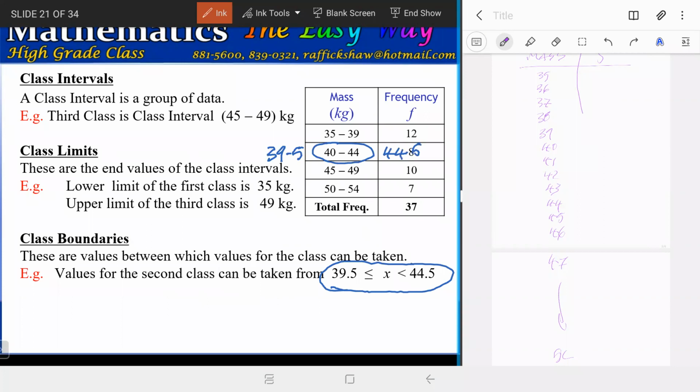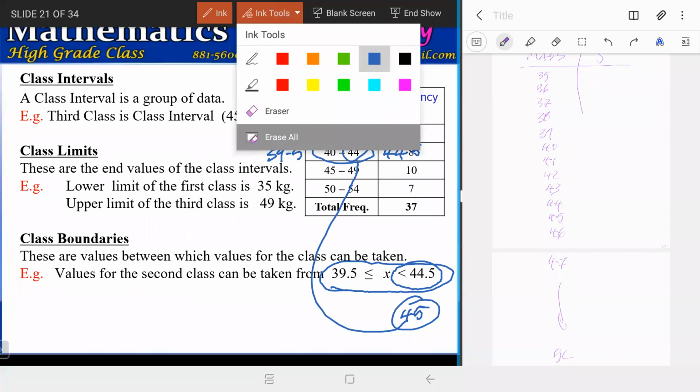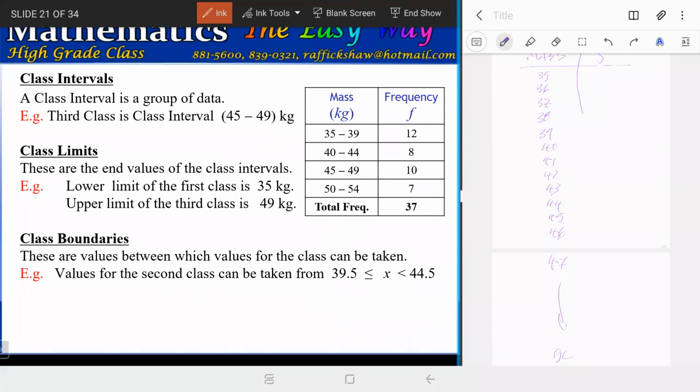But you see, it's always less than the upper one. Because if you make it equal to the upper one, it can become 45, and the limit up here is 44. It can't go past 45. That's why it is written like that. So these are the two boundary values for this class right here.